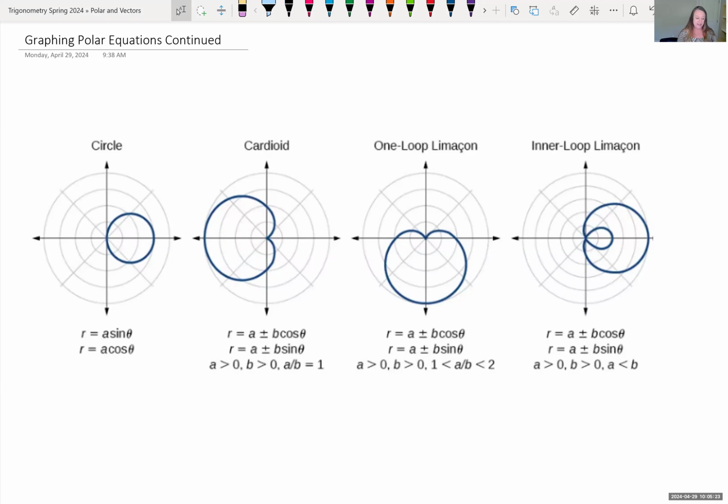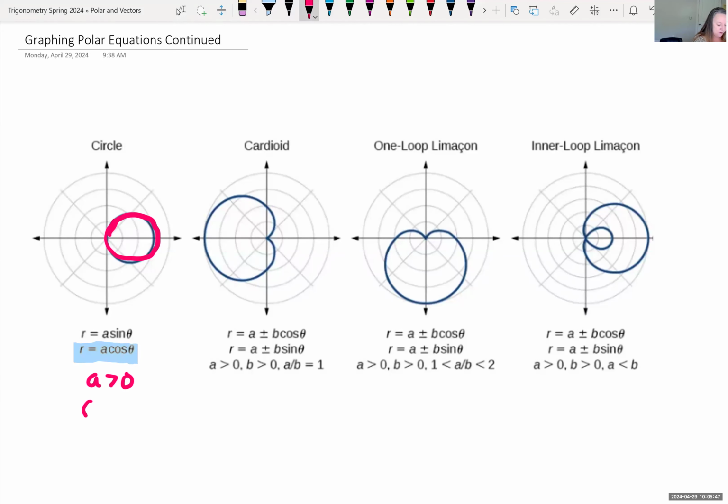We looked at graphing r equals a sine theta and r equals a cosine theta. We saw last week, if it was a cosine theta, it was a circle. And it was a circle depending on if a was greater than 0, you're going to get the picture that we have here above.